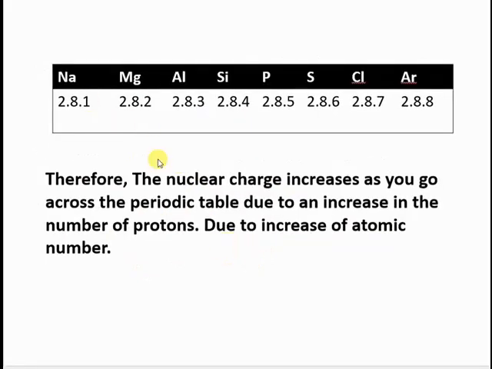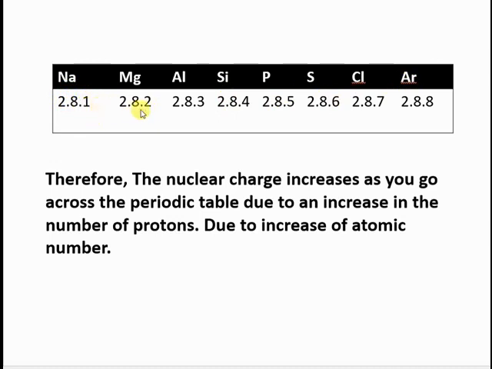Right, so let us look at this. These are the elements across period 3. We have sodium to argon. So we want to first look at the electron configuration. The electron configuration for sodium is 2, 8, 1. Look at the outermost energy level.